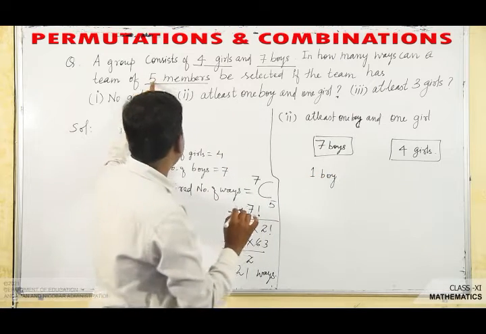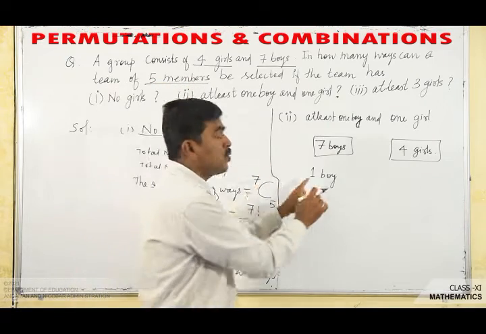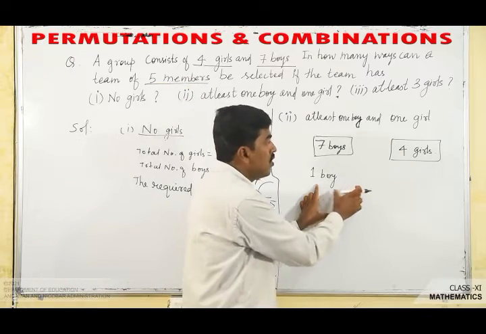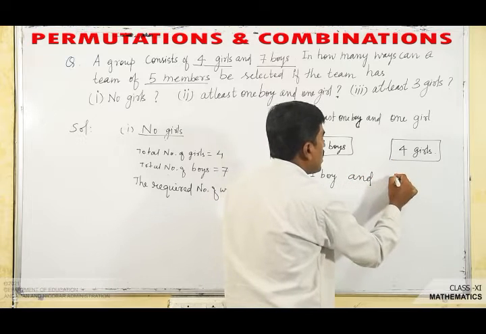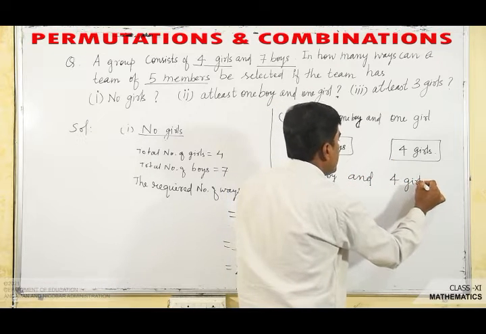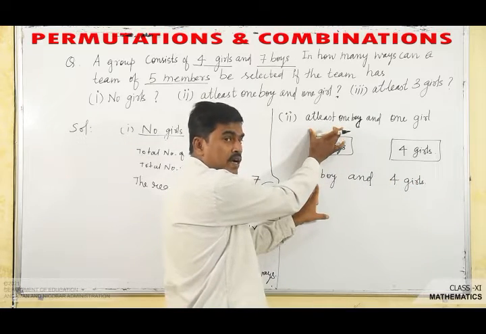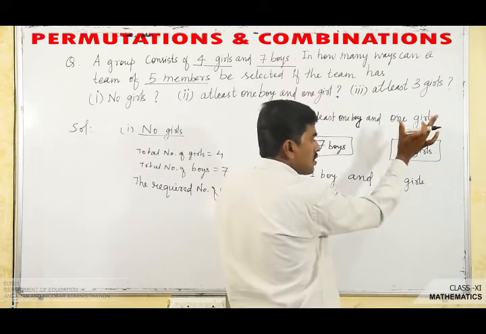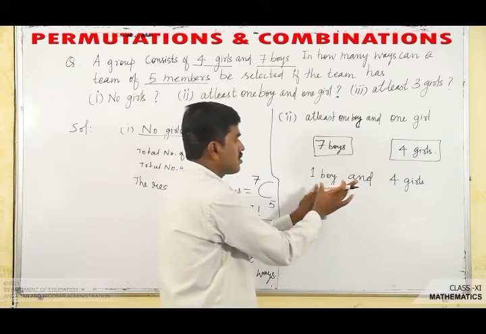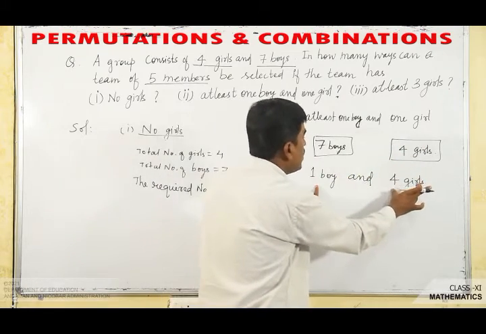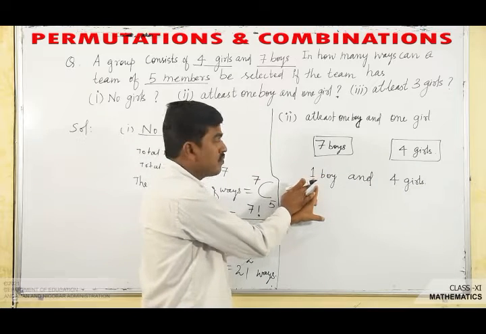Now to complete the 5 members, we have to take how many girls? We have to select all the girls now. That means one boy and 4 girls. As the case is, there should be at least one boy and one girl, so it may be more than one girl. So there are 4 girls. So one boy and 4 girls, the team has now 5 members.